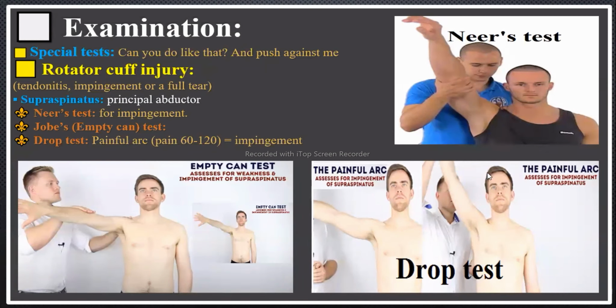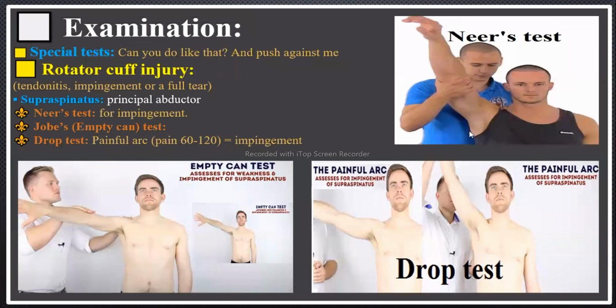If the patient has pain at 180 degrees, what is the problem here? Acromioclavicular joint pathology.